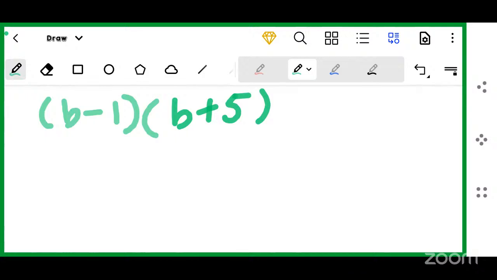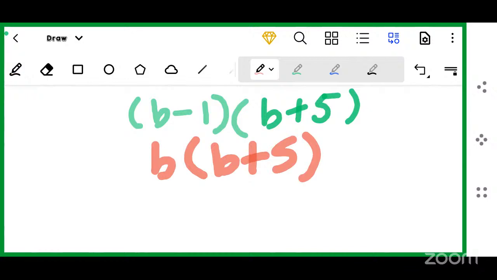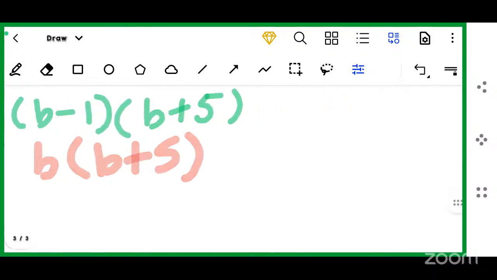So first things first, b is going to multiply the second bracket. So it's b multiplied by b plus 5, close bracket, and we work through that one.